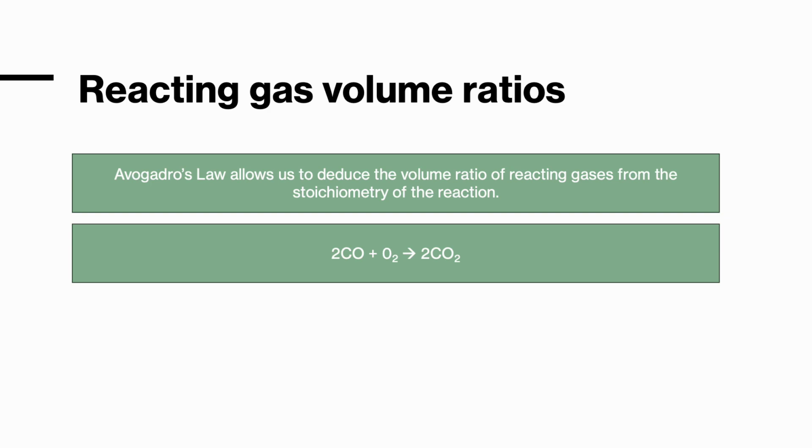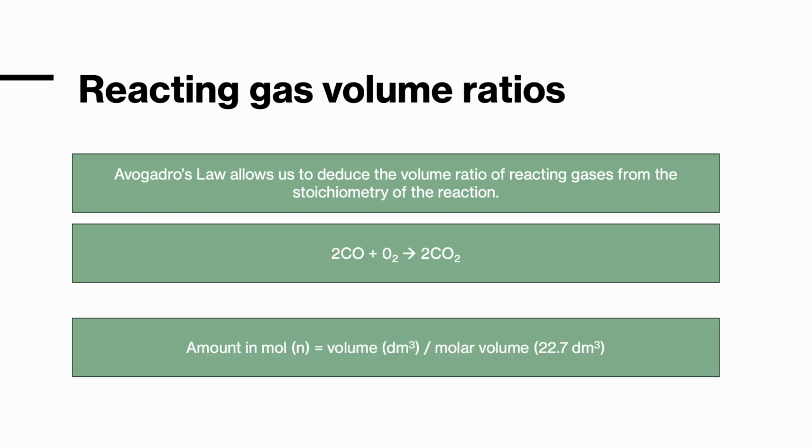We can see that the ratio of volume between the carbon monoxide and oxygen is 2 to 1, and then the ratio of the carbon monoxide to the carbon dioxide is a 1 to 1. Looking more, we can now have identified a new equation that the amount in moles equals the volume of the gas divided by the molar volume of the gas.